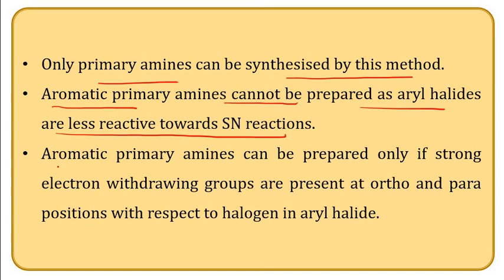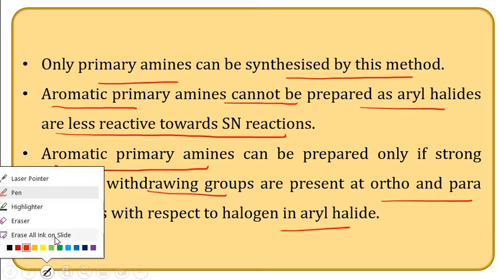If you really want to prepare aromatic primary amines, then the aryl halide must contain electron withdrawing groups at ortho and para positions with respect to the halogen. Then only it is possible.